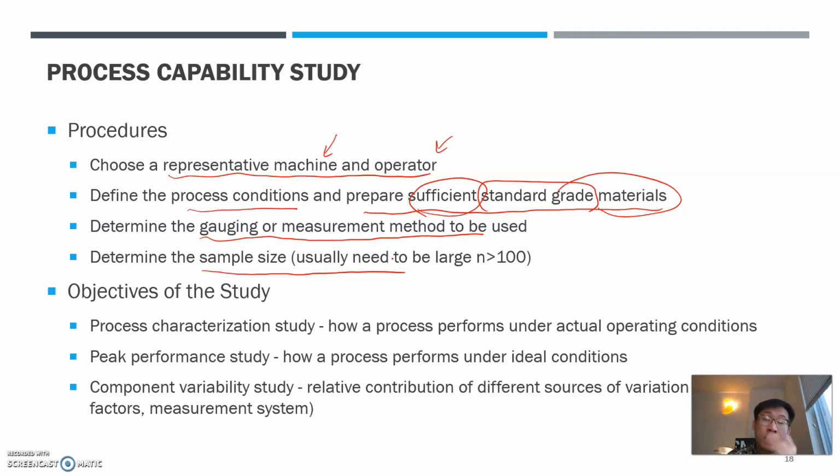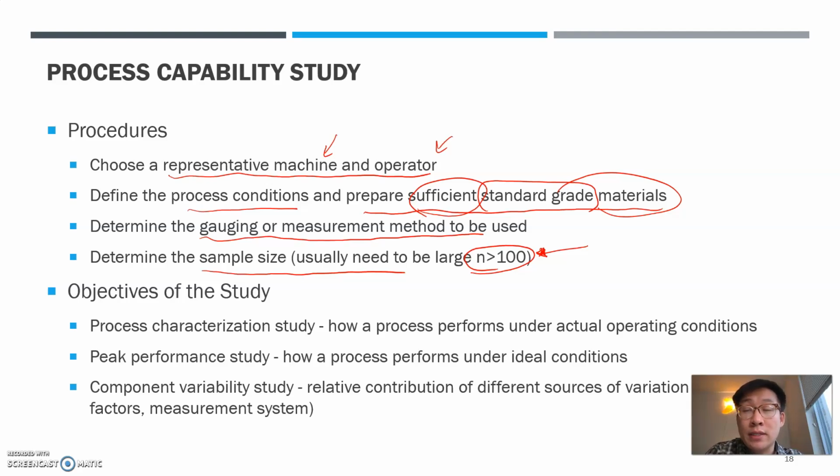In reality, when you do sampling in the manufacturing process, you don't use as many samples. But here, in order to study the true capability of your process, we typically recommend using a very large sample, typically larger than 100, even if it costs money to do so, because the true capability is truly important.